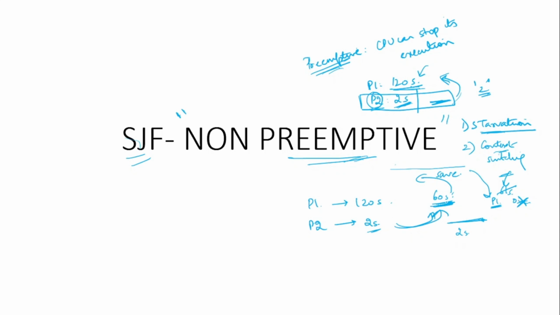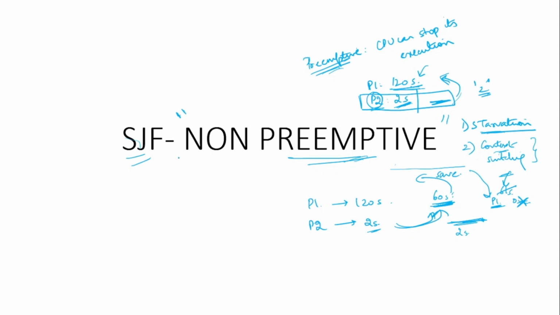After the new process's execution completes, I load the state of P1 again, and P1 can start executing again. This is what context switching is all about. So two very important concepts here are starvation and context switching.